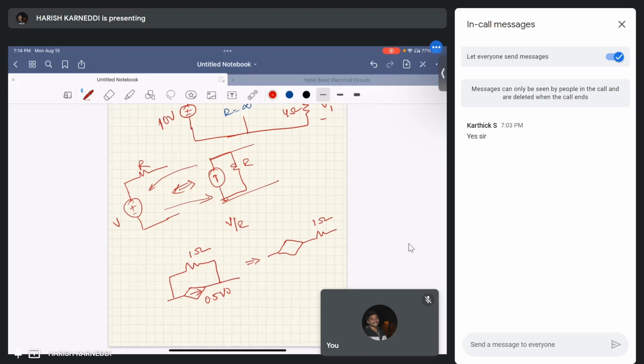Here we are transforming a current source to a voltage source. The value of V is equal to I into R. Here I equals 0.5 V naught and R equals 1 ohm. Therefore V is 0.5 V naught.